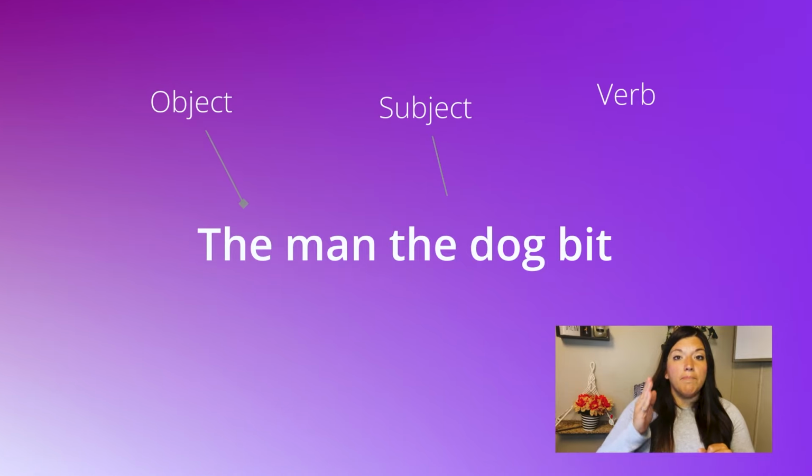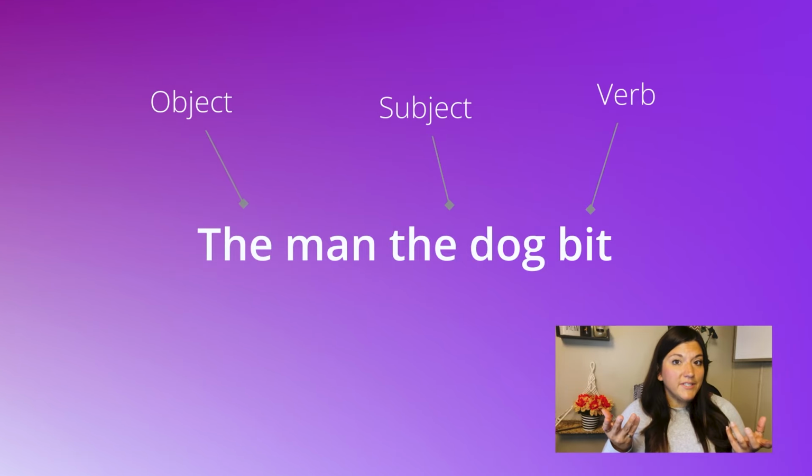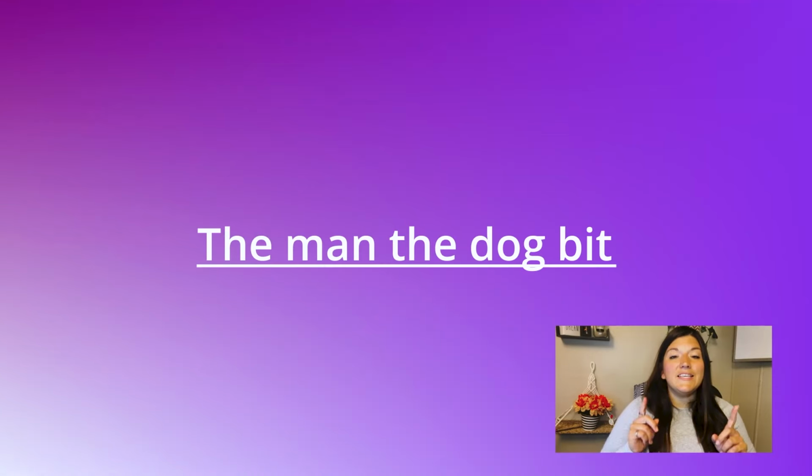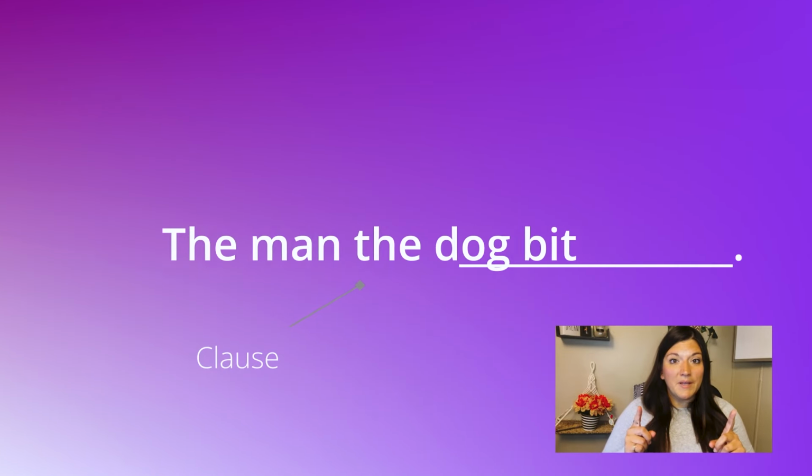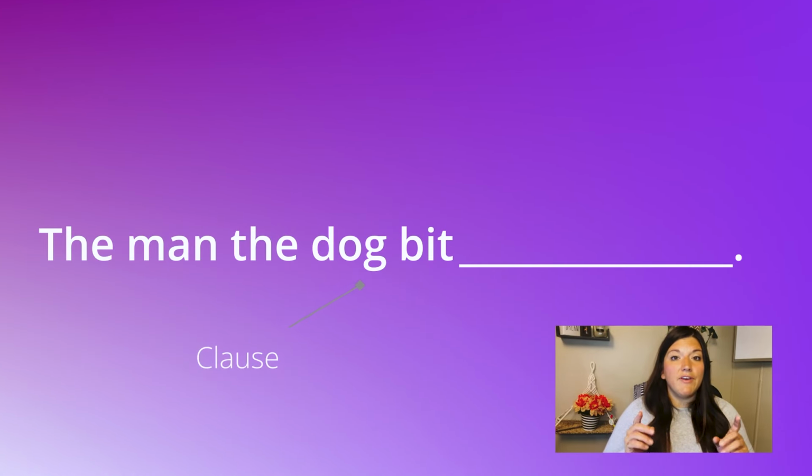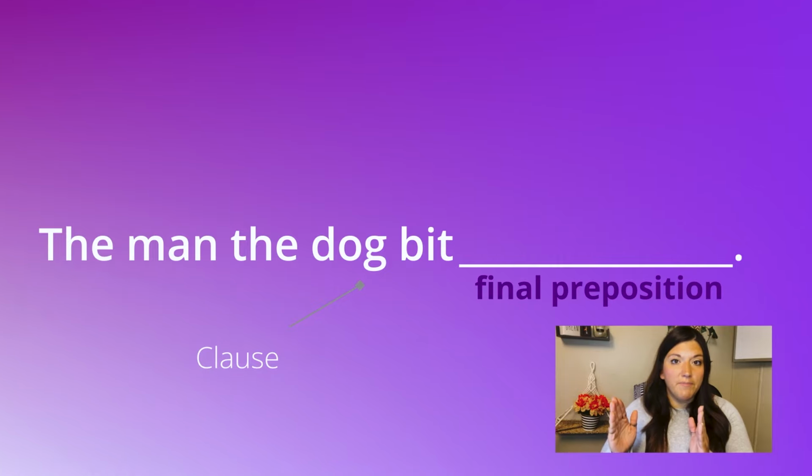So let's look at a different way. Let's say that we mix up our verb and our object. The man the dog bit. Is that a complete sentence? No, it is not. This is a clause because we do not have a final preposition or anything that gives us more details.